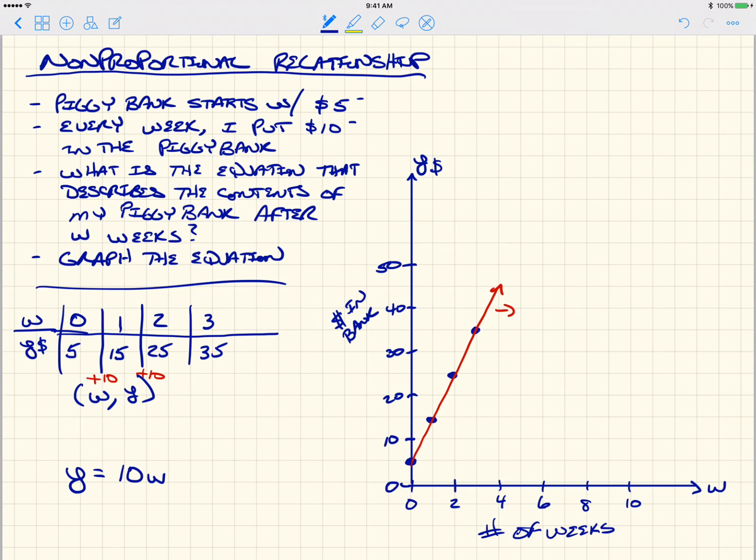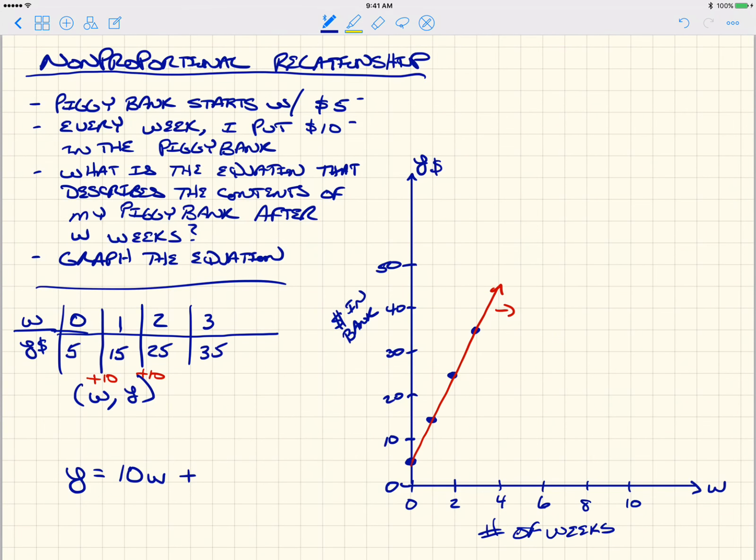At weeks equals 0, when we first got the piggy bank, we had $5. Everything after that, we start at $5. So that is our y-intercept, positive 5. Our initial value is positive 5.